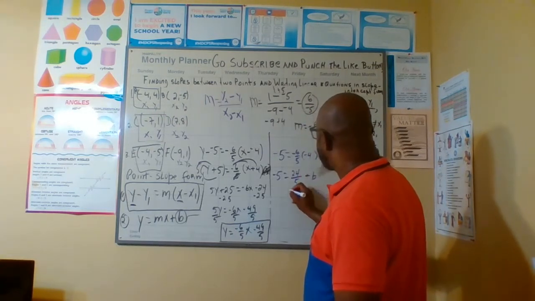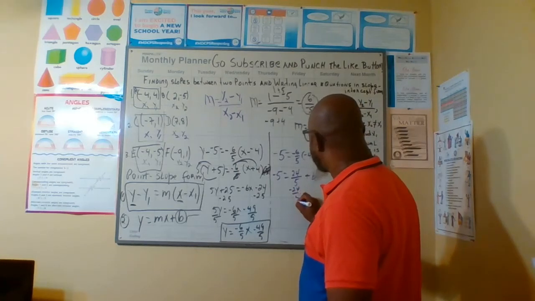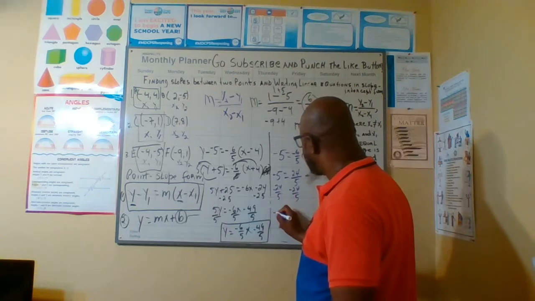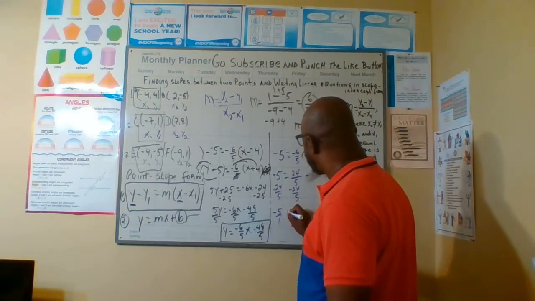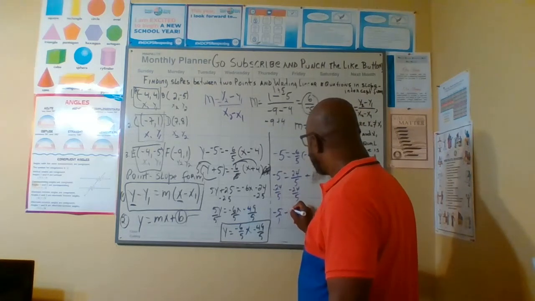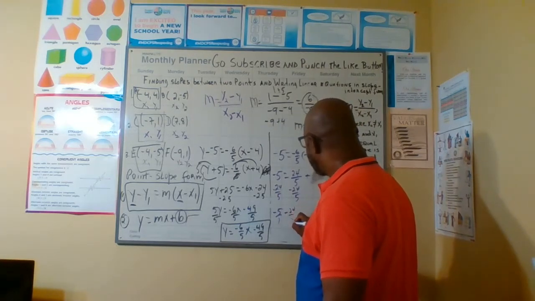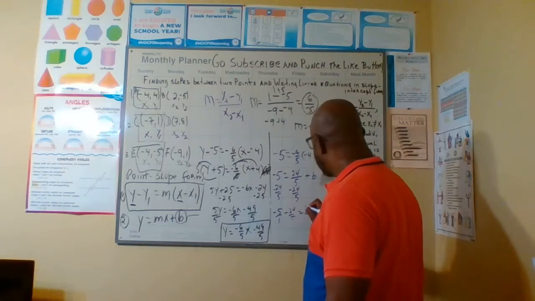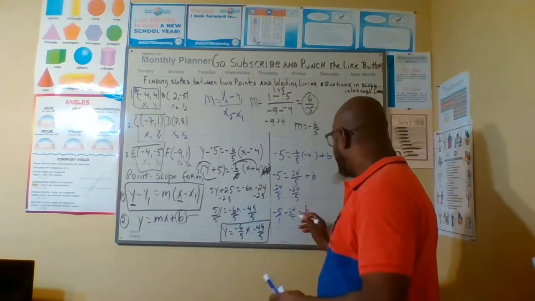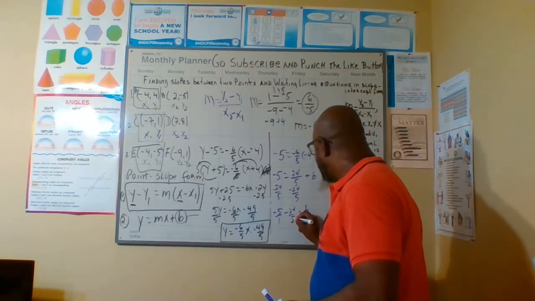I'm going to subtract 24/5 on this side. Do the same thing. 24/5. So you will have -5/1 minus 24/5 is equal to b. So your goal is to get the denominator the same. 5 is my denominator.